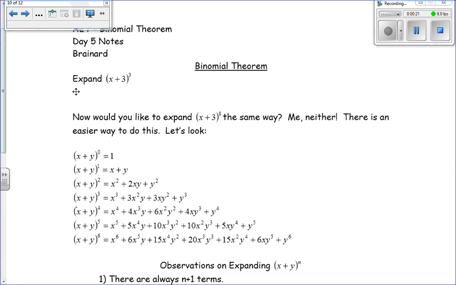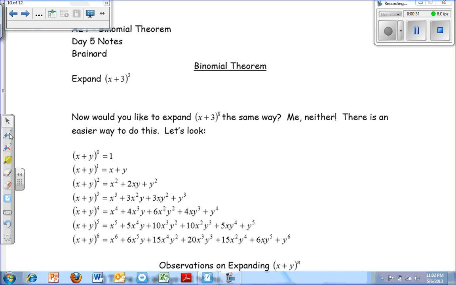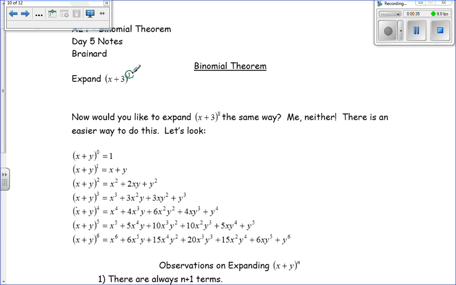Alright, we need to expand x plus 3 to the third power. What that means is write it 3 times.